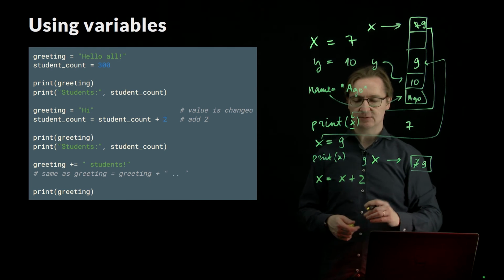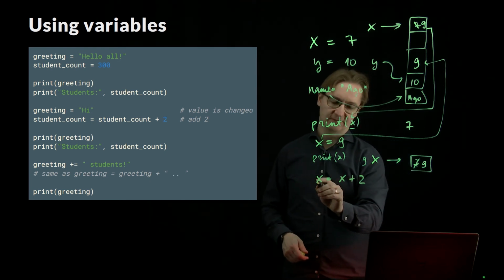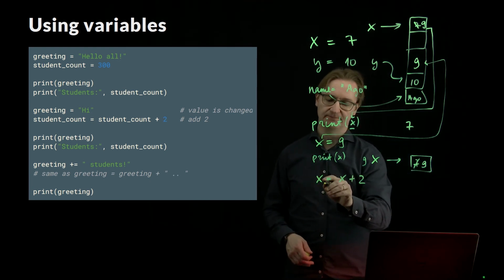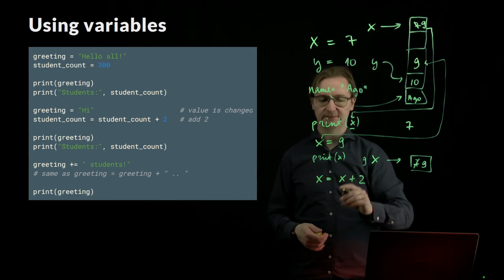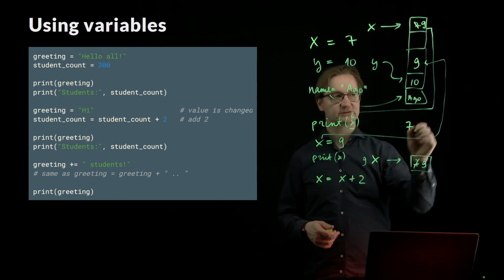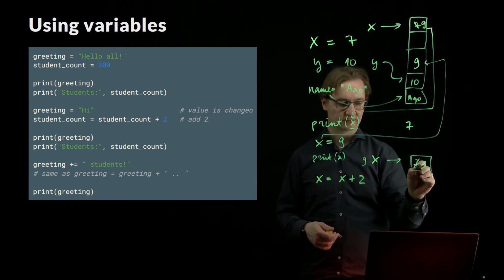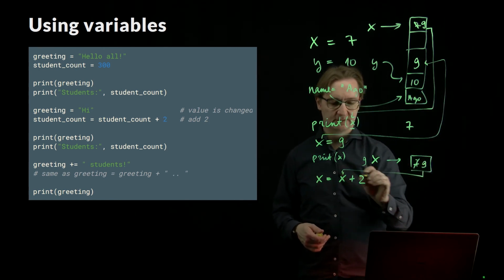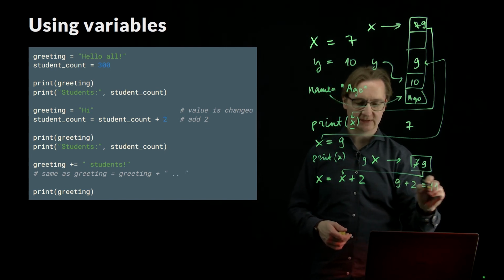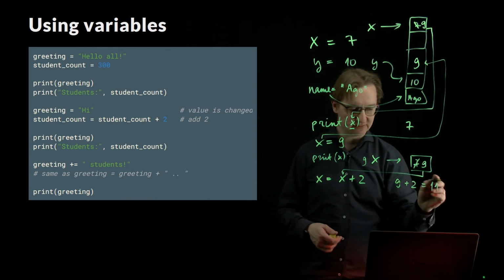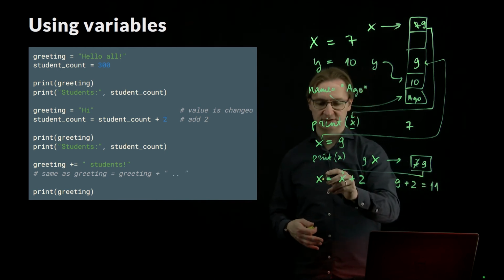And what happens now is that before I can assign something into a variable, I have to calculate the right side here. For that, first I take the x value, let's say x value currently is 9. It calculates 9 plus 2 gets 11, and now the new value 11 is assigned into this x variable.